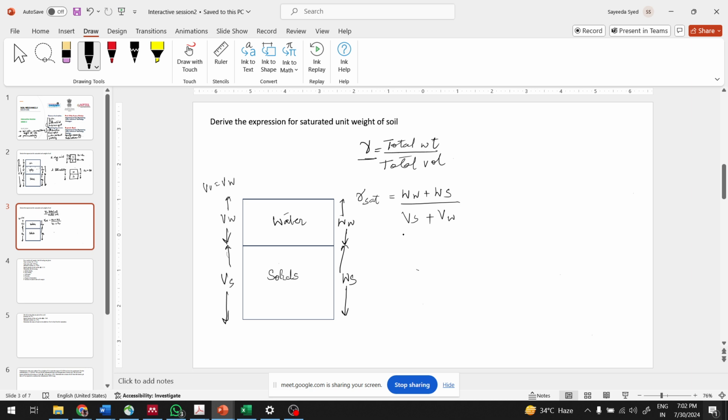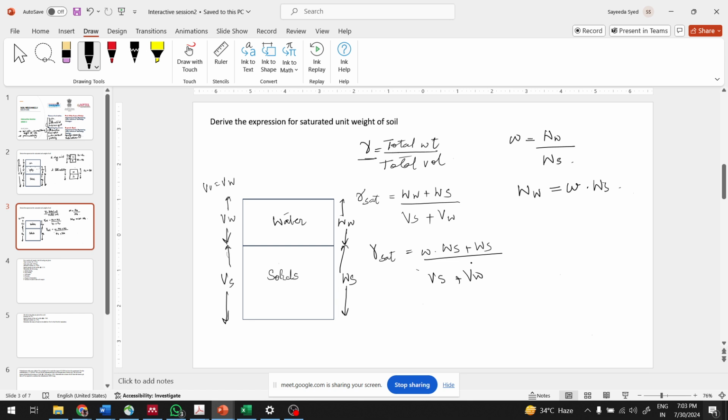We know that water content is equivalent to weight of water over weight of solids. So we can write weight of water as water content times weight of solids, isn't it? So let's replace here: W times Ws plus Ws over Vs plus Vw.